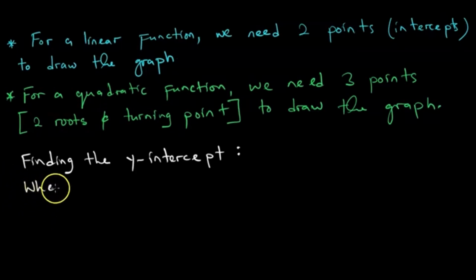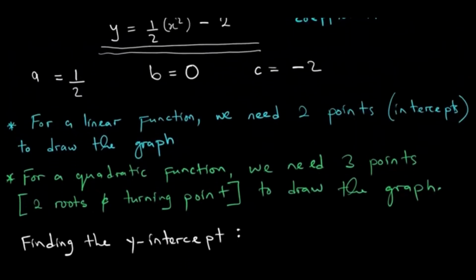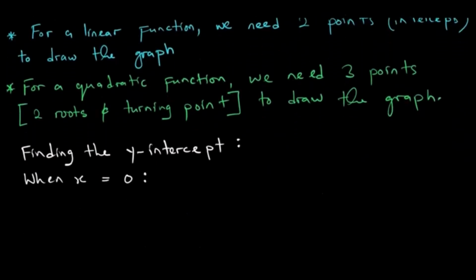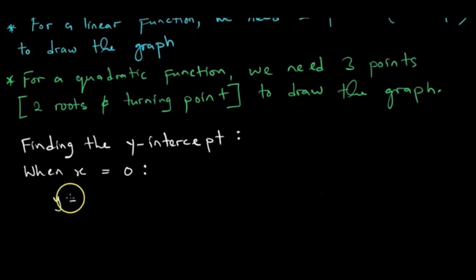So the condition is when x is equal to 0. What is our equation, by the way? If we go back here, it is y is equal to half of x squared minus 2.